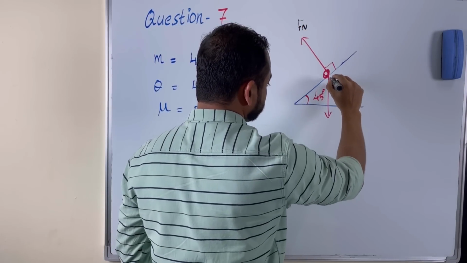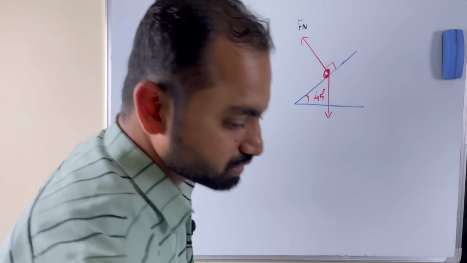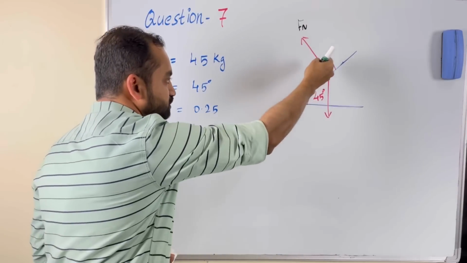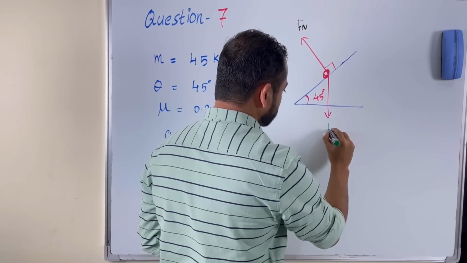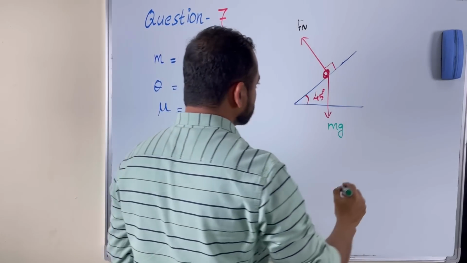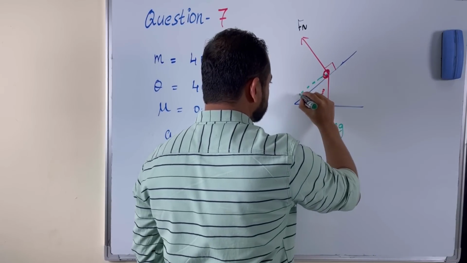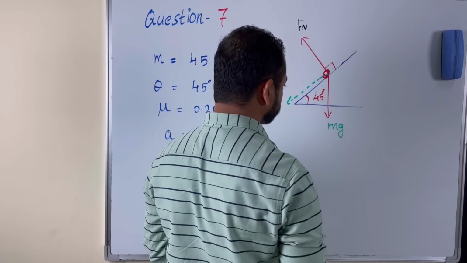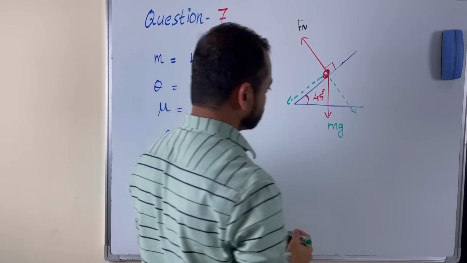So here we can divide this weight into two components. The weight that is parallel to this inclined surface and perpendicular to the inclined surface. So this is mg, right? Weight is mg. We will represent it by mg. So mg we will divide into two components. One component that is parallel to this inclined plane, and the other component which is perpendicular to the inclined plane.